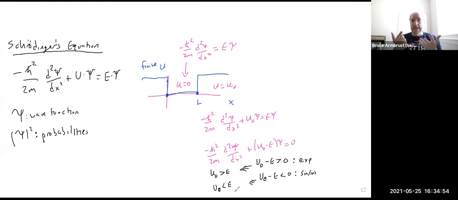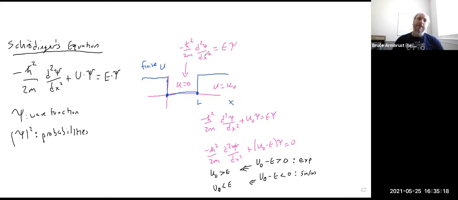But we're still going to see sinusoidal. So that should totally make sense. If it's got more energy than the energy that's holding it in, it's possible for that particle to get outside. Yeah, totally.